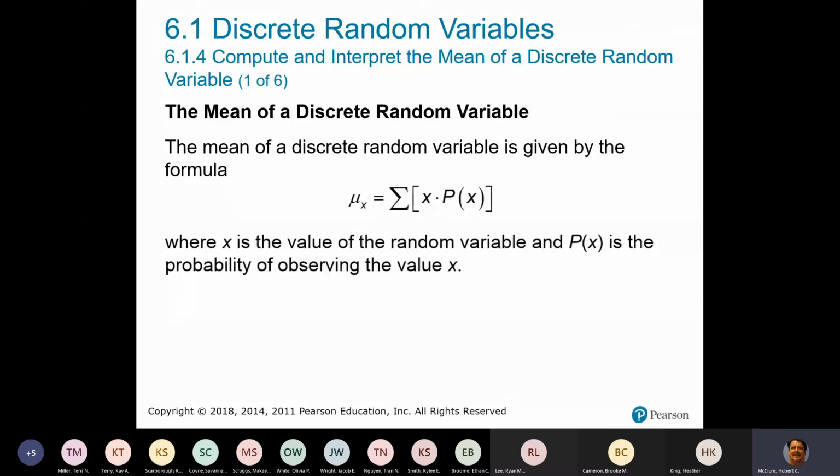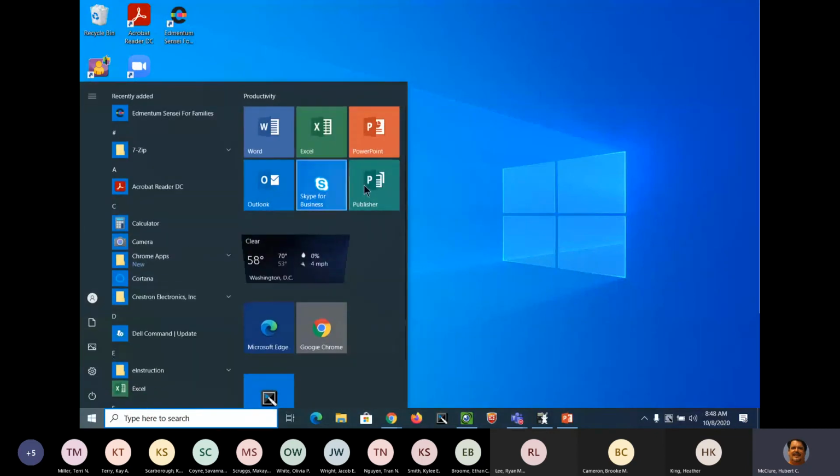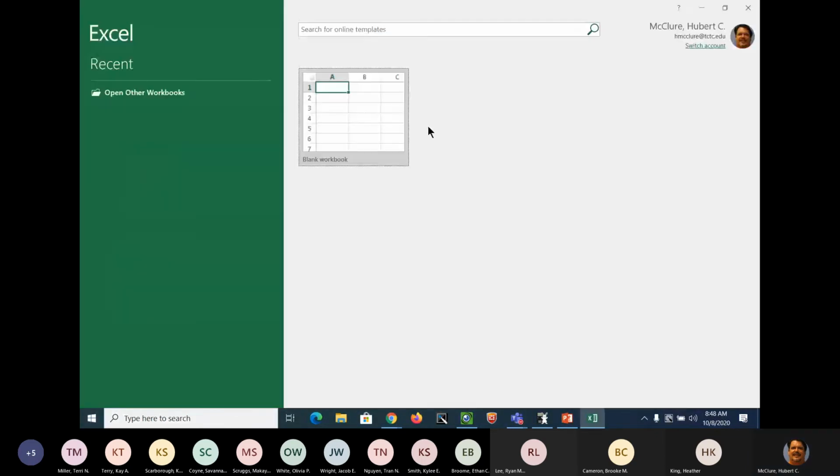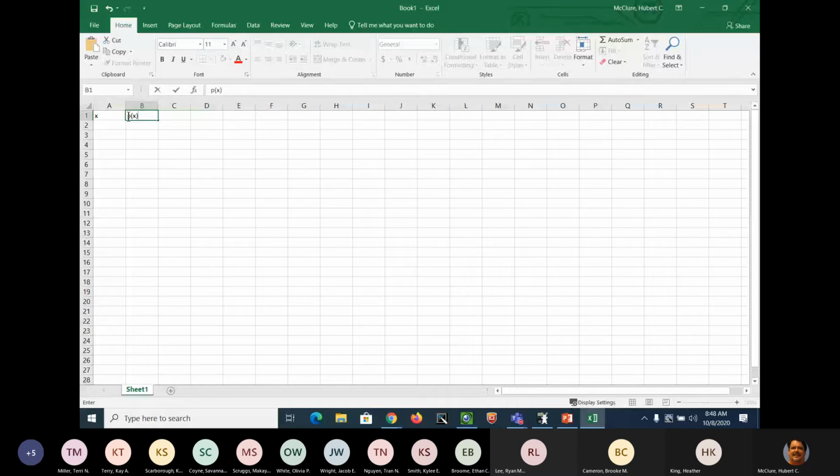So I'm going to take my column right here, and I'm going to put it in an Excel spreadsheet. So, handy dandy Excel spreadsheet. And I'm going to take the one we just did, x and p of x. Okay, so 1, 0, 1, 2, 3, 4, 5.